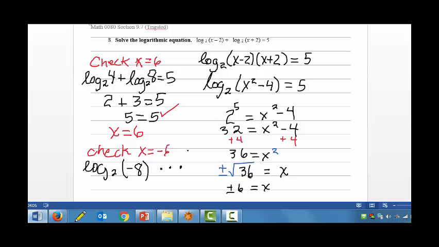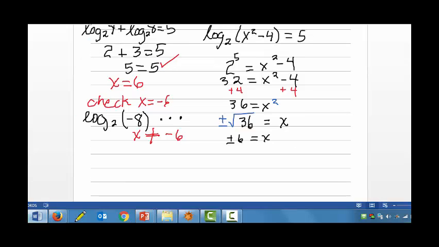As soon as we get something that's undefined, we cannot take the log of 0 or the log of a negative. If you put this in your calculator, this is undefined. So we stop right here, and we know that x therefore does not equal negative 6. So our solution set only includes the positive 6.